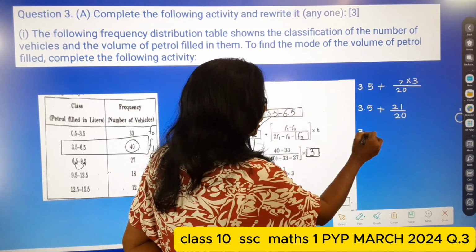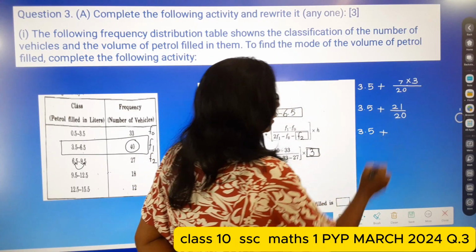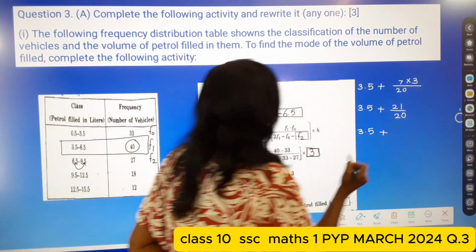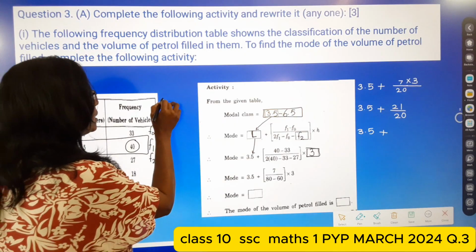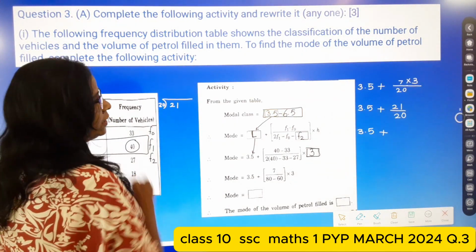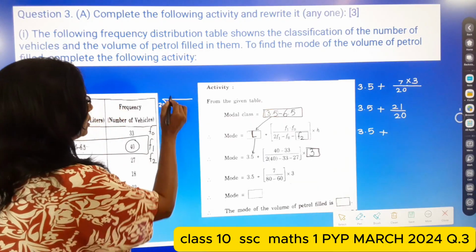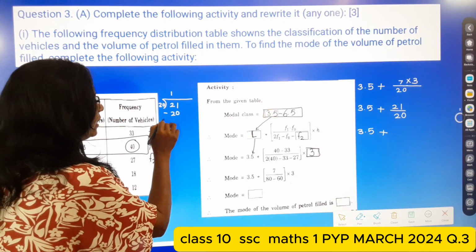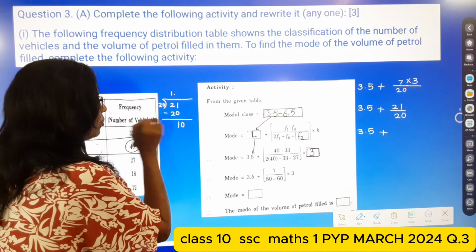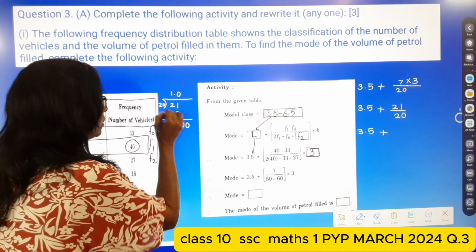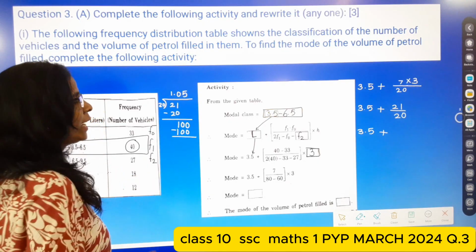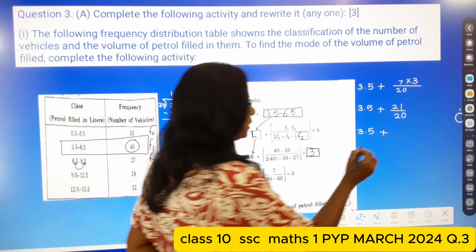Now you may do the division, 21 divided by 20. 20 ones are 20, then take the point, then 0, then 5 twenties are 100. So that means here 1.05.